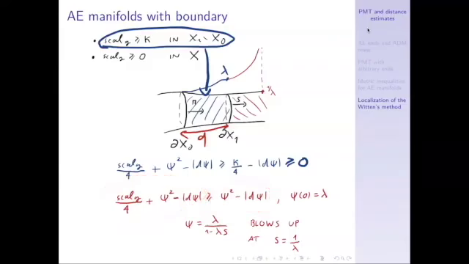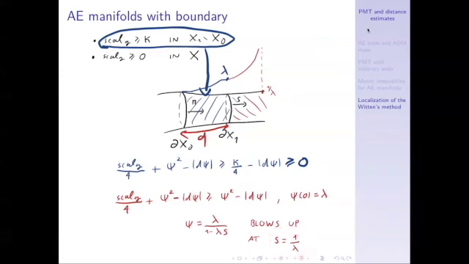But then you just take psi to be a function of the distance from the boundary of x1, and then you solve the equation psi squared minus the psi equals 0, psi 0 equals lambda. So lambda is the number that we achieved with the potential of the blue region. And then the solution, of course, of the differential equation is the function lambda over 1 minus lambda s. And this function blows up at the point s equals 1 over lambda.